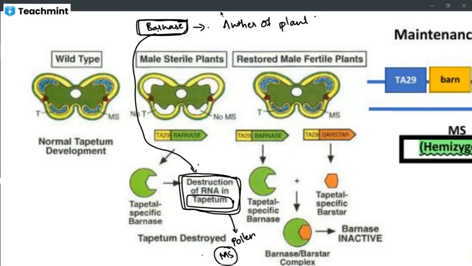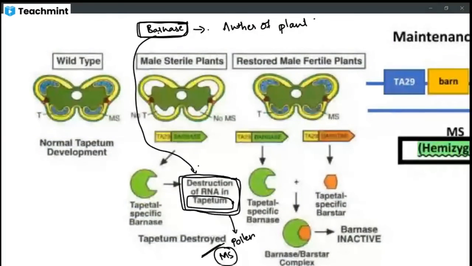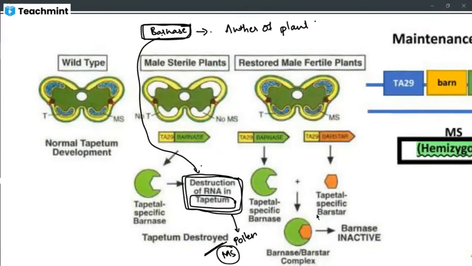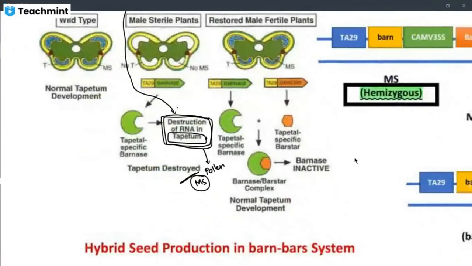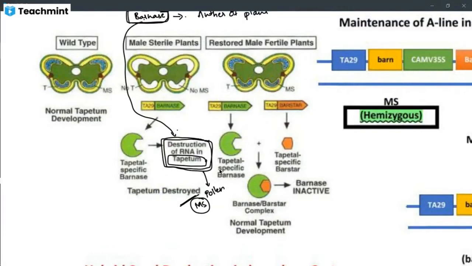Is it okay up to this? When the Barnase gene is incorporated into the anthers, it results in the destruction of the tapetum, and the pollen which is formed will be male sterile, because the tapetum is the tissue which nourishes the pollen grains.